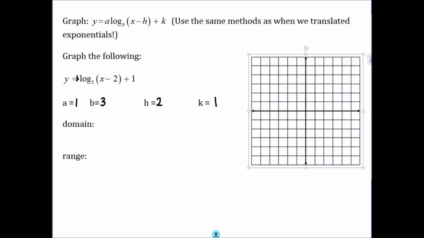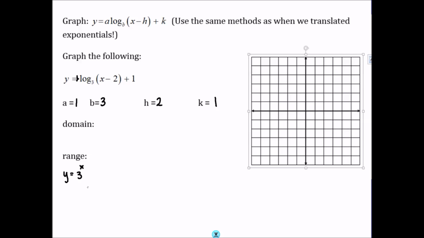Since exponentials and logs are related, we are going to use the related exponential function to help us find our points for our graph. So our base for this log is 3, so we're going to use the equation y equals 3 to the x to help us find our points.